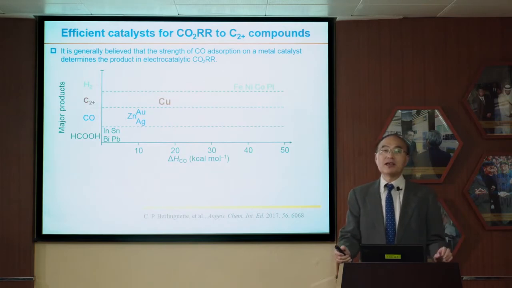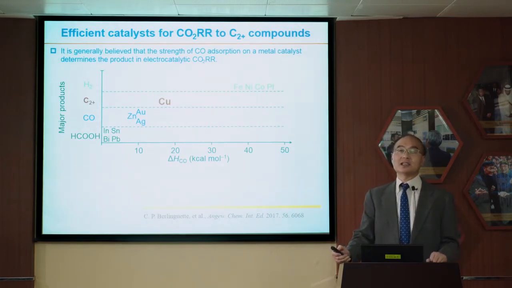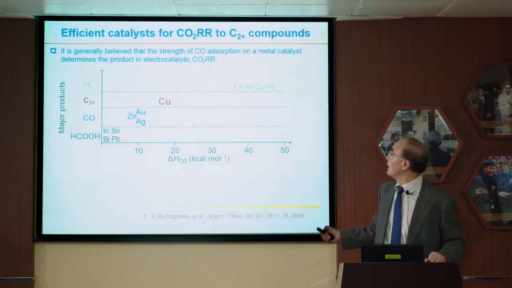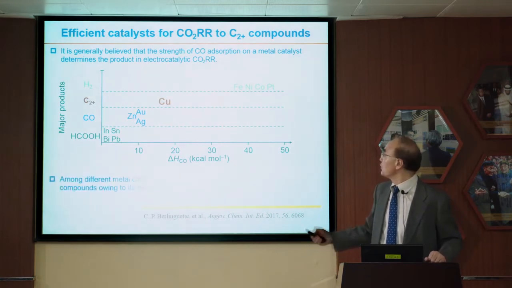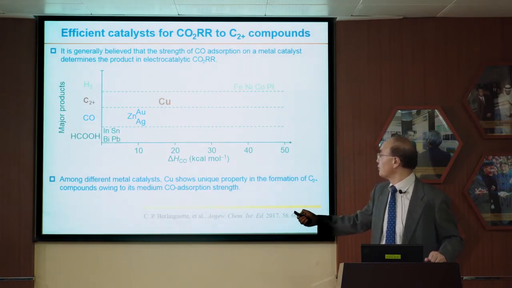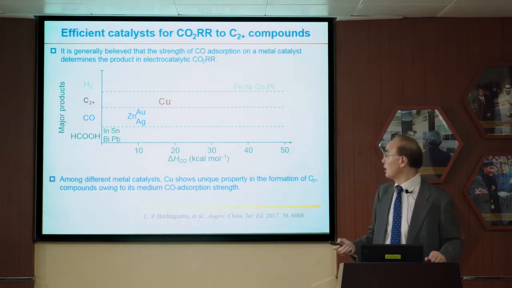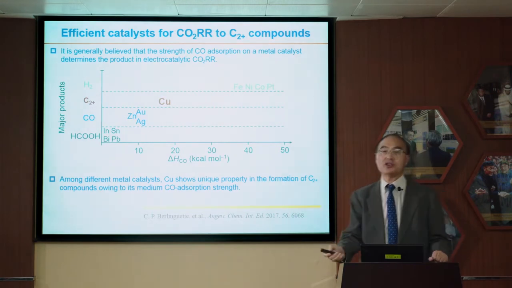It is generally believed that the strength of CO adsorption on a metal catalyst determines the product in the electrocatalytic CO2 reduction reaction. Among different metal catalysts, copper shows unique property in the formation of C2+ compounds owing to its medium CO adsorption strength.